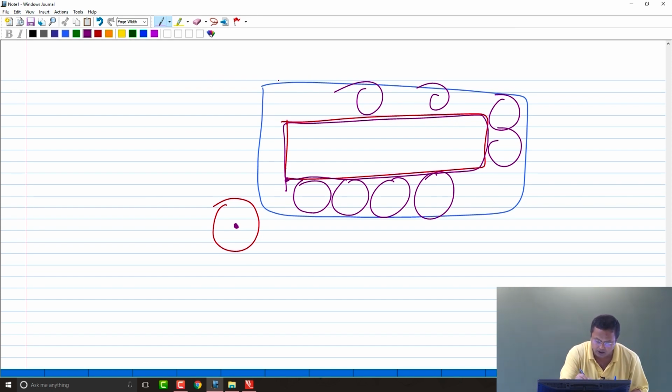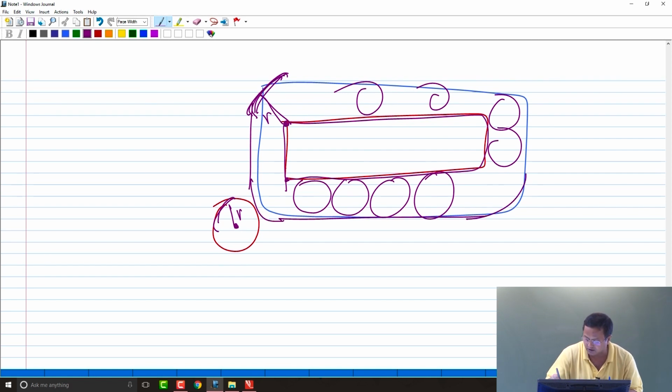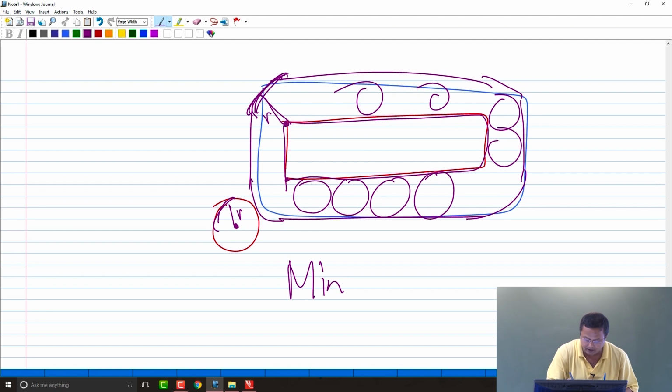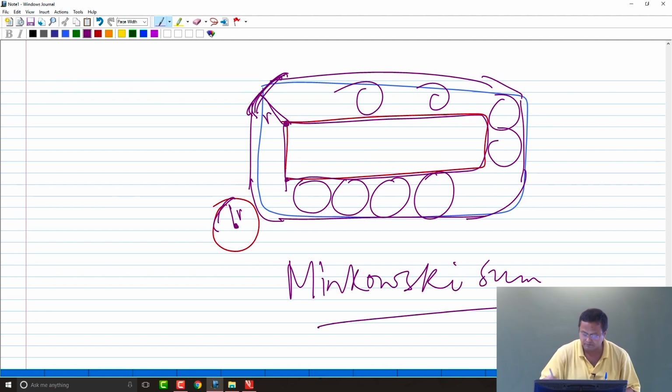So, essentially what will happen is, for the arcs you will have something like this at the corner, right, of a radius of, say, if the radius is r, you will have an r kind of arc here. This will look like this, no. And this thing in set theoretic terms is known as Minkowski sum, right.